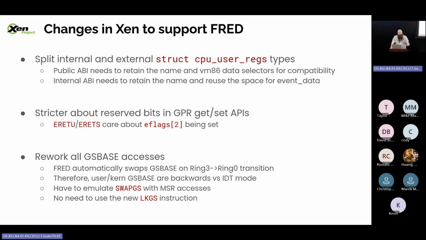And the problem is that the one that exists in public had the virtual x86 modes segment selectors in them, which ceased being relevant in Xen in 2011 when we deleted 32-bit support, but it's still around. In Fred, that area of the stack is reused for something else, is reused for the event data. So we're genuinely in a position where we have a type in the public ABI that cannot change and also must retain its current name. And we also have a type inside Xen that must retain its name because it's common across architectures.